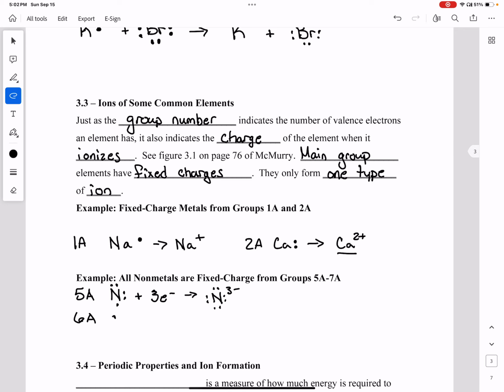So 6A would be something like oxygen. It's got 6 valence electrons, so it needs 2. And it forms O2-. Okay, and we'll draw it over here, group 7A.